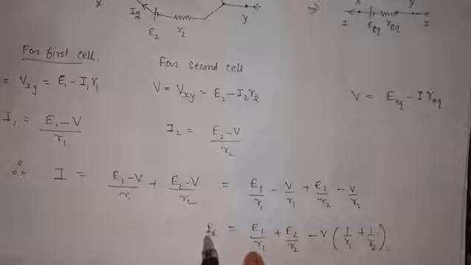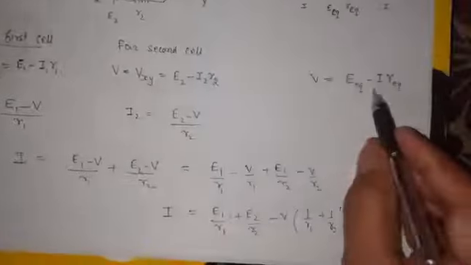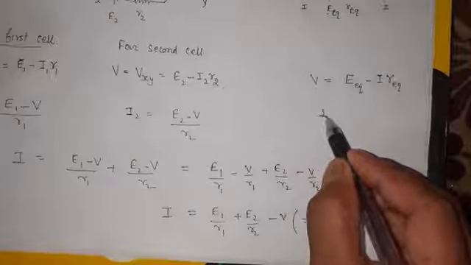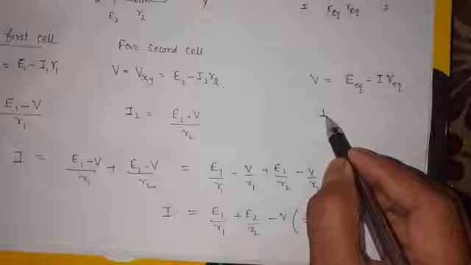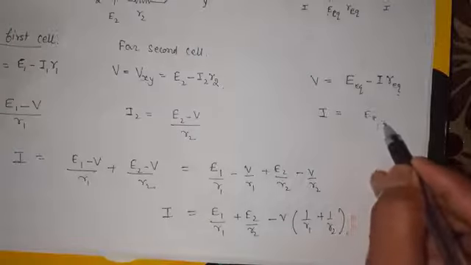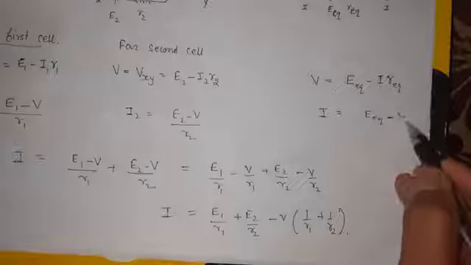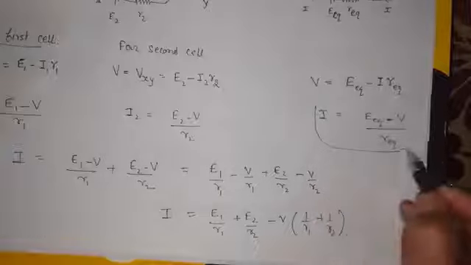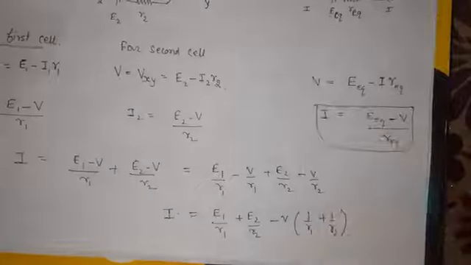Okay, this is the total current. This total current you can write in the form E equivalent minus V upon R equivalent. In this form you can note down the total current.